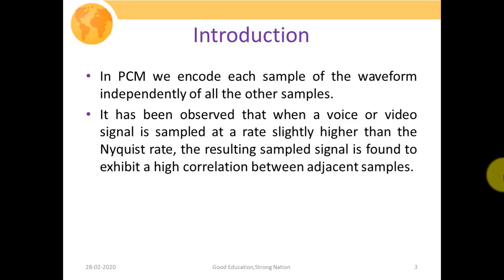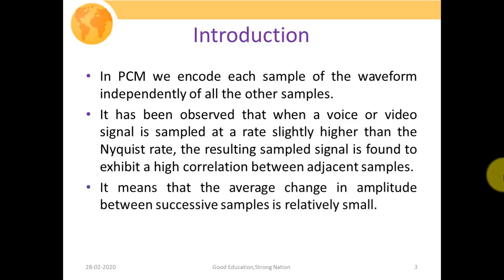So if the audio or video signal is sampled at a rate slightly higher than the Nyquist rate, the resulting sampled signal exhibits a very high correlation or similarity between the neighboring samples. It means that the average change in amplitude between successive or adjacent samples is relatively small, or we could say that they are almost similar.